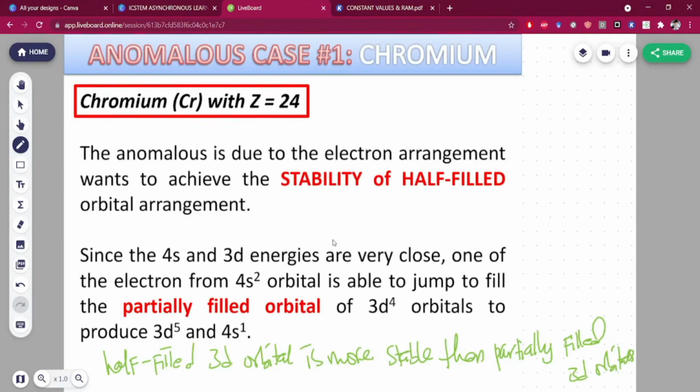When you write that, you get 1 mark. Try to remember this sentence as well.